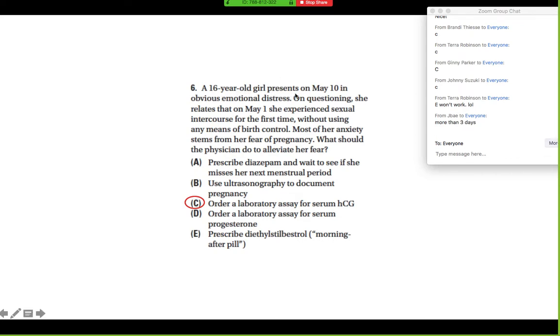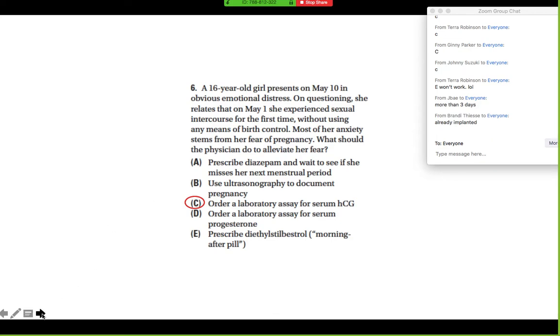Right, so basically we're too late at this point. So I believe it's after 10 days, implantation has already occurred. So serum is referring to blood. If you're thinking, well, that doesn't make sense, she hasn't missed her period yet, so it wouldn't really show up on a pregnancy test, if we ordered a blood test, it may show up at this point.